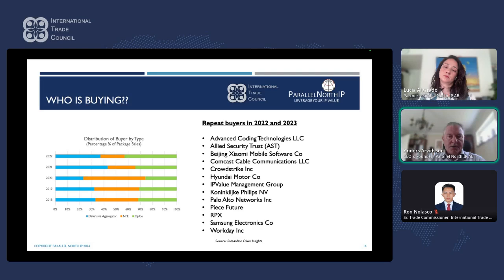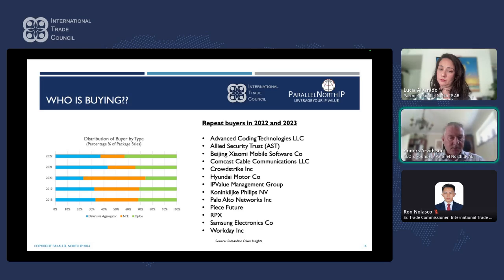And the buyers, you can see here, you have, for example, ADC, but you also have AST that was mentioned in the previous slide, Xiaomi, Comcast, Crowdsource, Hyundai IP Value Management, which is a very aggressive MPE that has been acquiring patents a lot, and they have probably the highest litigation rate now in the US.